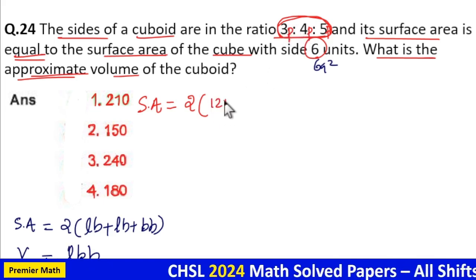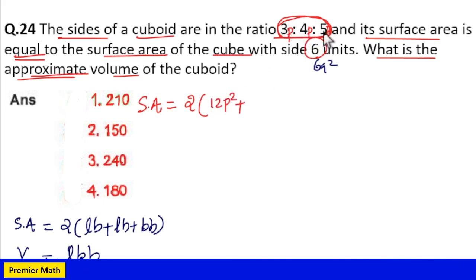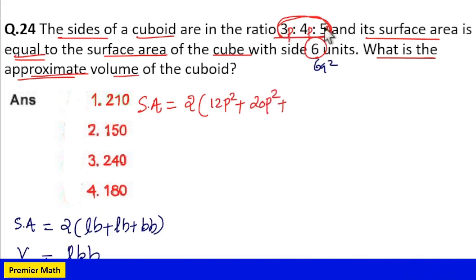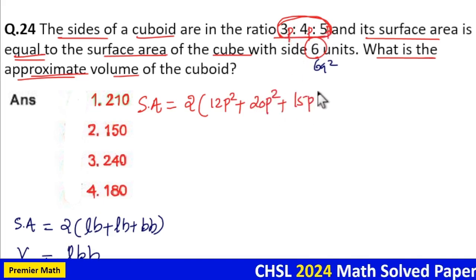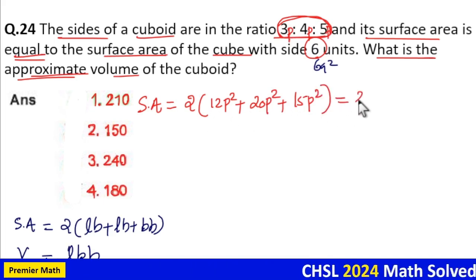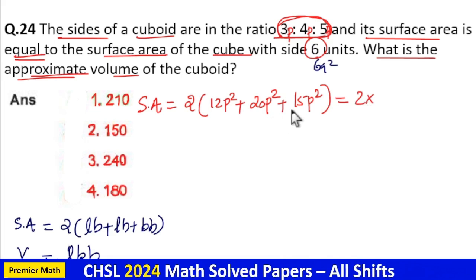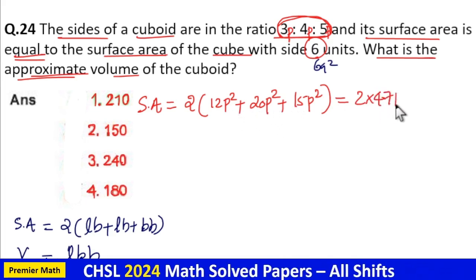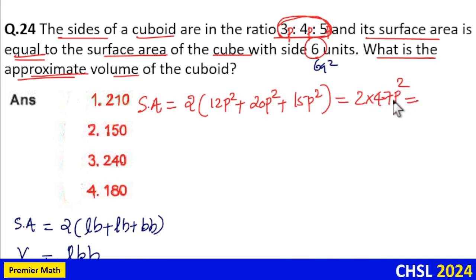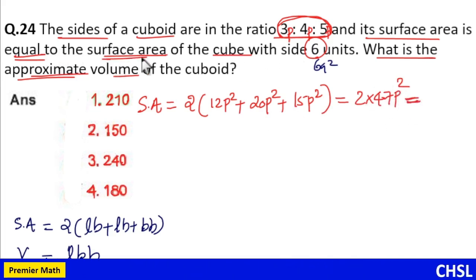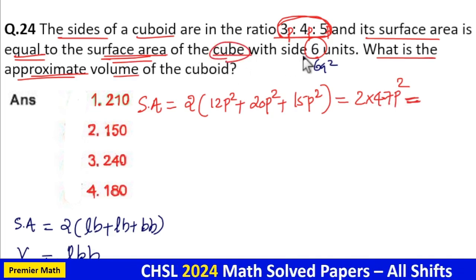So 12 part square plus 4 into 5 is 20 part square plus 3 into 5 is 15 part square. So this is the surface area, which is equal to 2 into (12 plus 20 plus 15), which is 47. So 2 into 47 part square, which is equal to surface area of cube with side 6.